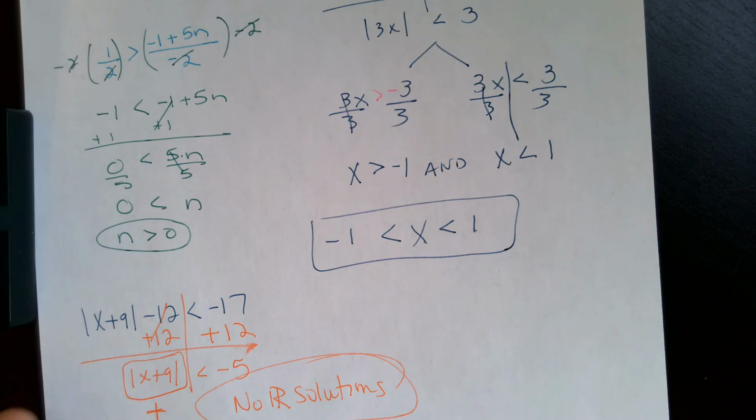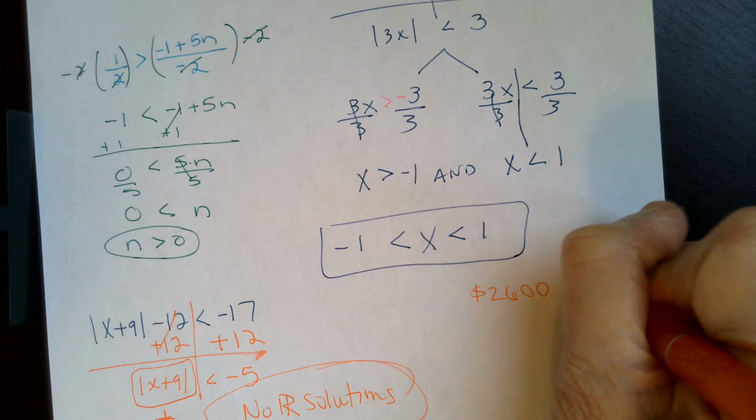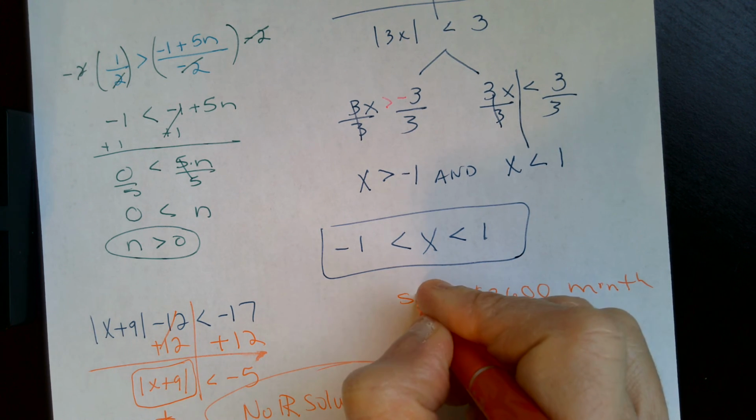Okay, well, last one, grand finale. And we'll still get done earlier than the last video. Let's say you're going to earn $2,600 a month. A salesperson that earns $2,600 a month. Okay, salesperson 1.